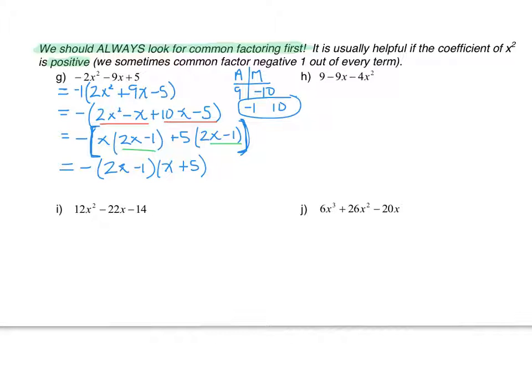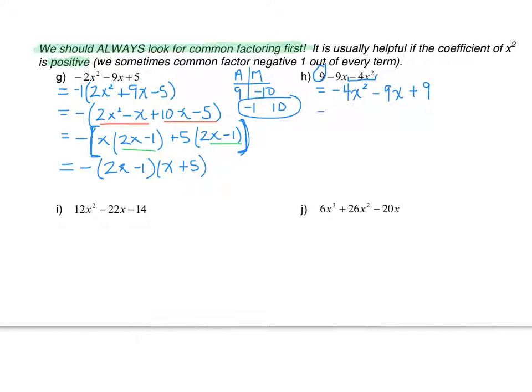Okay, with h, I'm going to get you started on this. The first step, for every trinomial that we've done so far, we've always had the x squared term first. So I'm going to rewrite this in the order of minus 4x squared. And then I'm going to put the x term next, which is minus 9x. And then the constant number is a plus 9. So we have plus 9 on the end of that. Make sure the sign in front always travels with whatever it is that you're moving around.